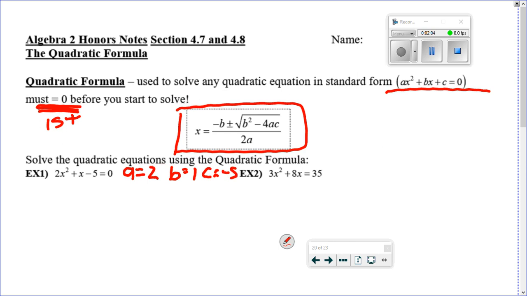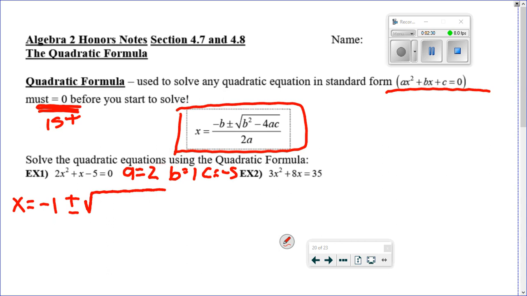So, thinking about my quadratic formula, x will equal, well, -b. B is 1, so we'll have -1. We have that plus or minus coming into play, like we talked about last time, that's what gives us the potential of 2 solutions when we have a quadratic.